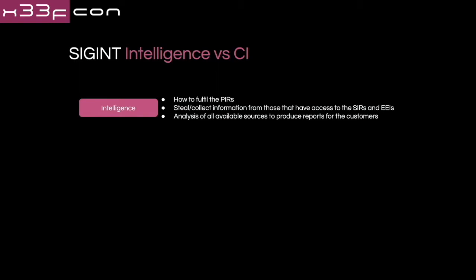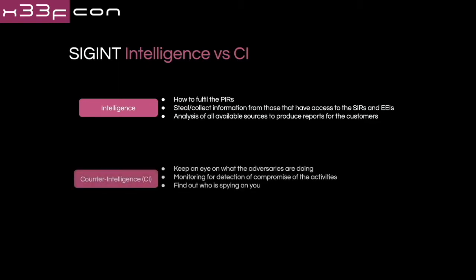The second part is you analyze all the available sources and then you produce reports, which nowadays could be anything: printed reports, electronic reports, live dashboards that continuously update, podcasts, videos, anything you can imagine. But you produce an answer to those intelligence requirements and you share it back to your customers. That could be, for example, what are the plans of country X with regards to a weapons deal.